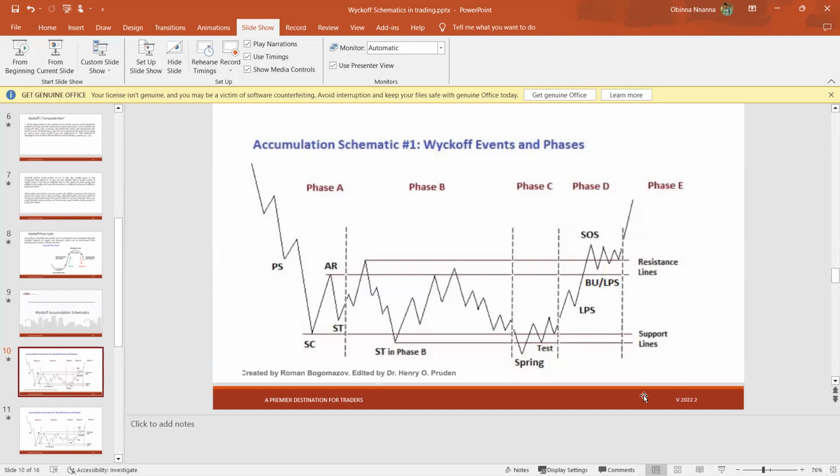And then you will see some sort of stopping action, which he referred to as PS. Let me draw this here. Price is coming down, and then you want to see some sort of stopping action.